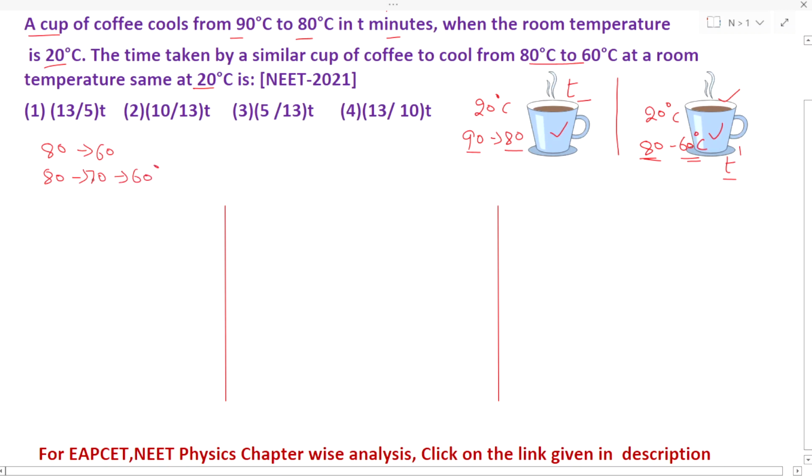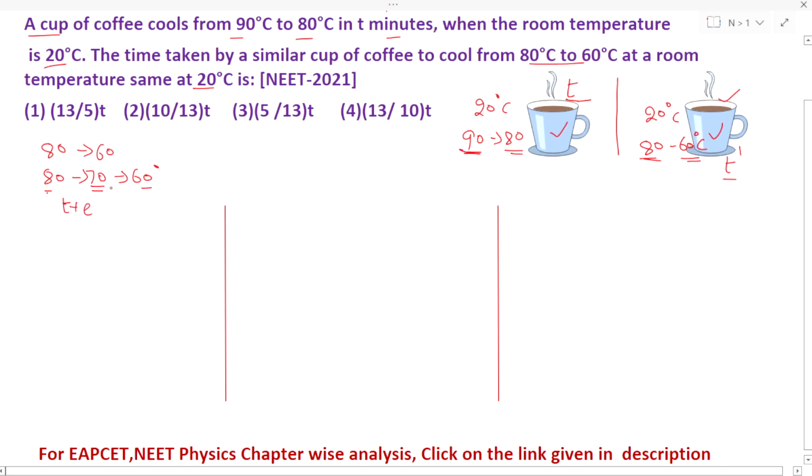It is clear that it took a time t for the temperature of the coffee to decrease from 90 to 80. Now when we start from 80 to 70, the temperature difference between the coffee and the surrounding is less compared to this case. That is, it takes a time which is greater than t, that is t plus e. Now let us go from 70 to 60.